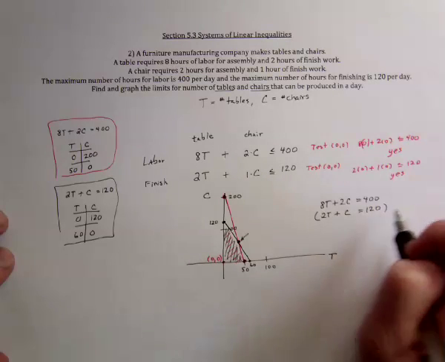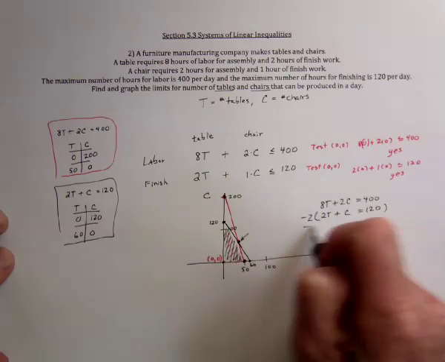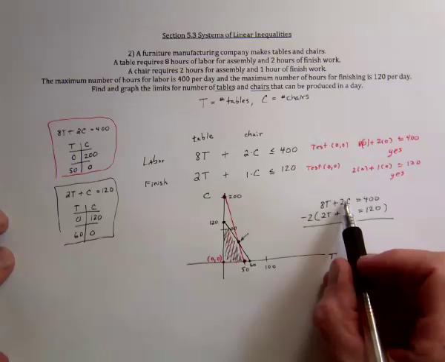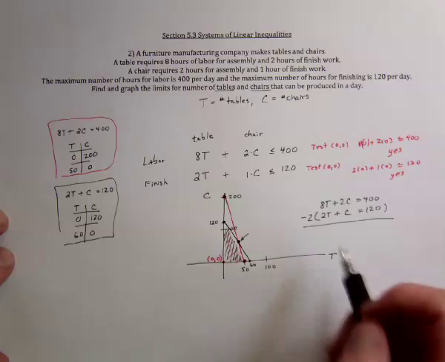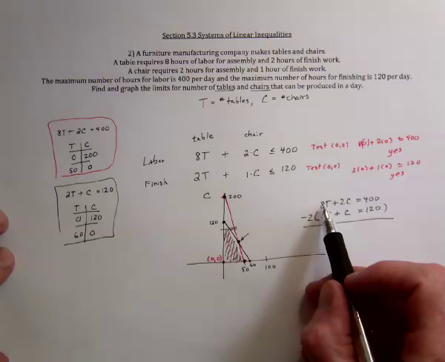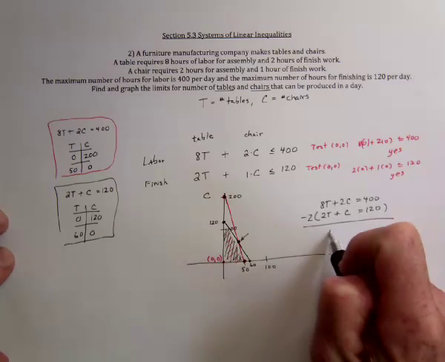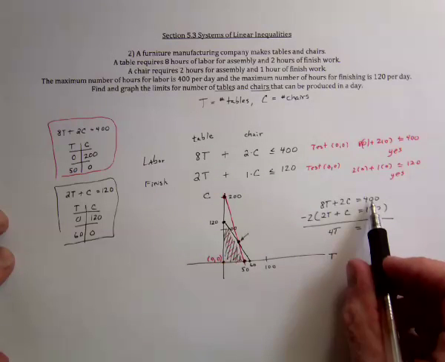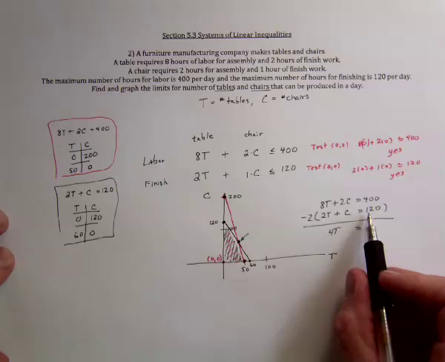And if I multiply the bottom equation by -2, then I would have -2c, which would cancel that, so use the elimination method. In here with the t's, it's going to be 8t minus 4t is 4t. And then here, when you multiply this by -2, it's going to be -240.